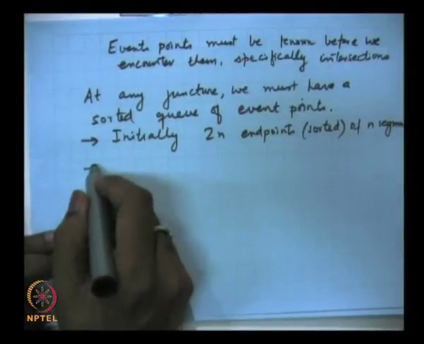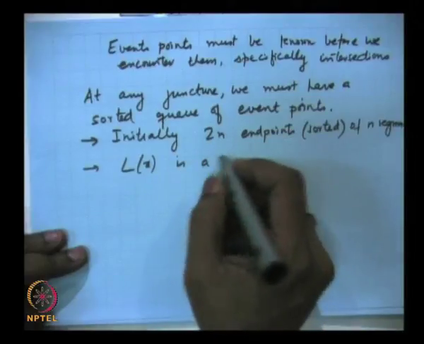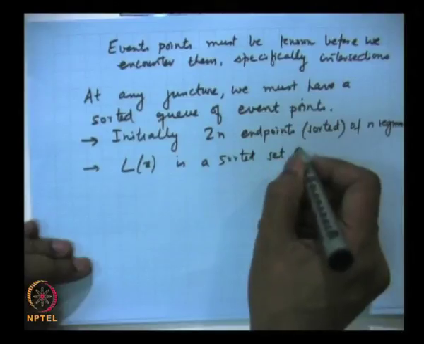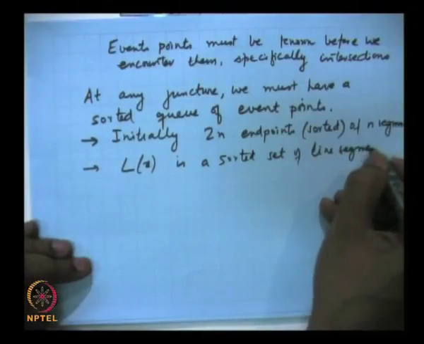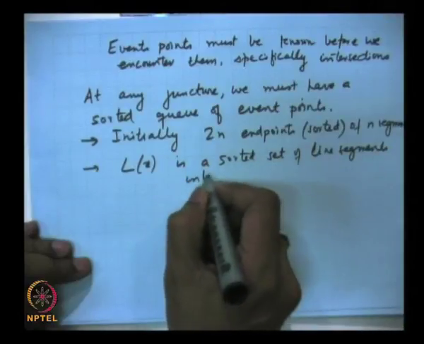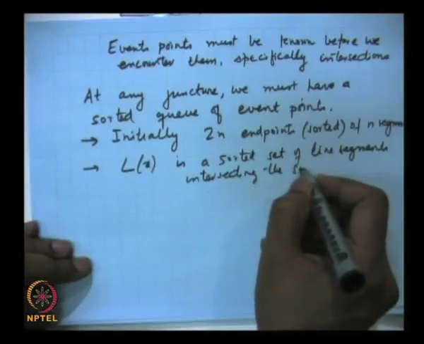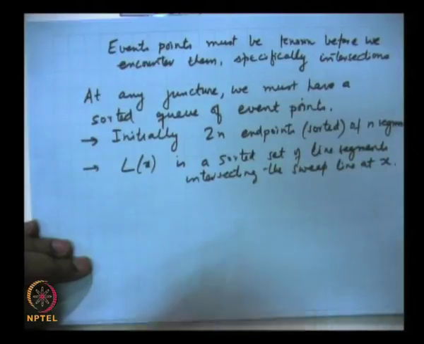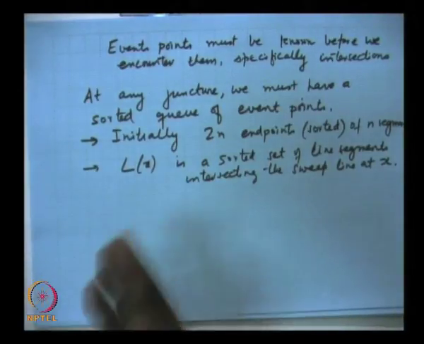And you know that L of x is a sorted set of segments intersecting the sweep line at x. So these are the two pieces of information that we will keep.